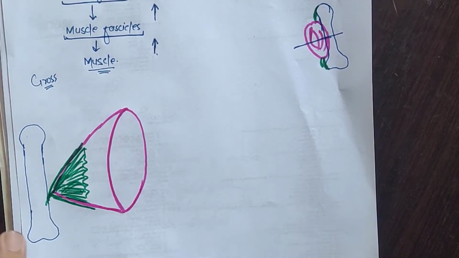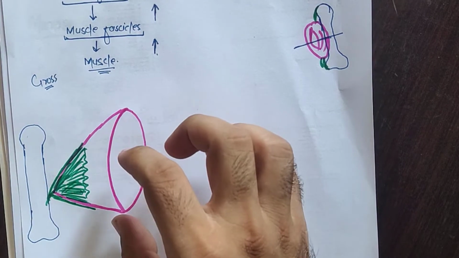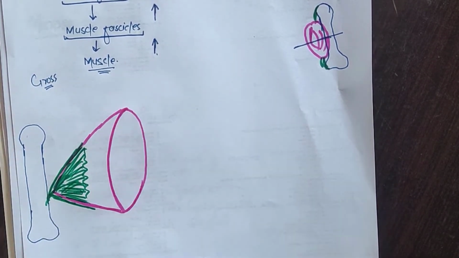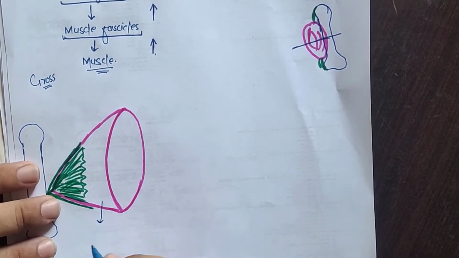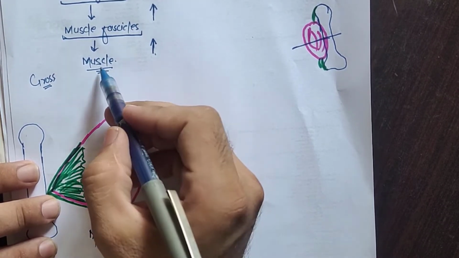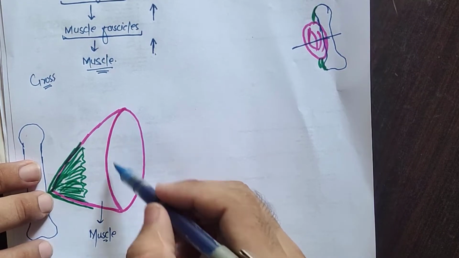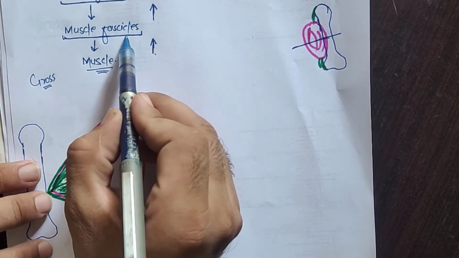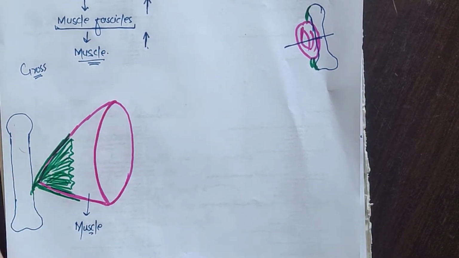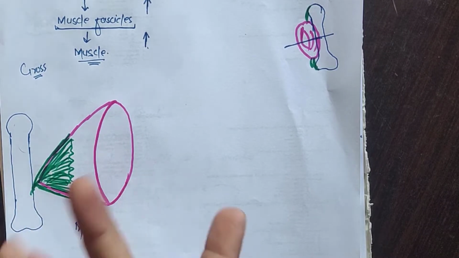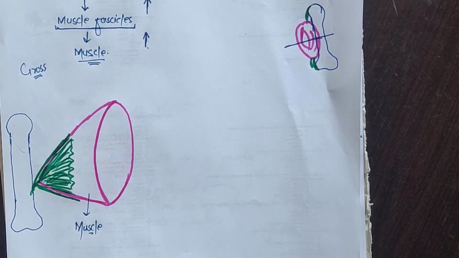Now look carefully at this muscle, right? This is our whole muscle. Let me write it here. This is the muscle. Now you will go from gross to microscopic. Inside this muscle, what is present? Muscle fascicles are there. Very simply, look carefully.